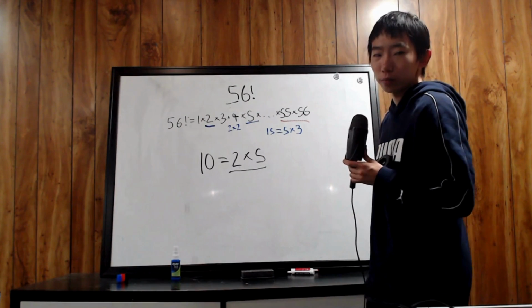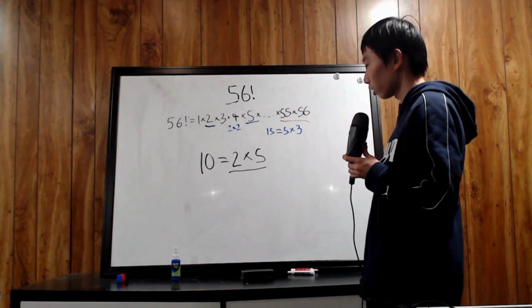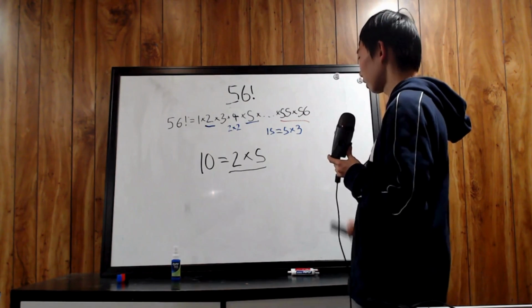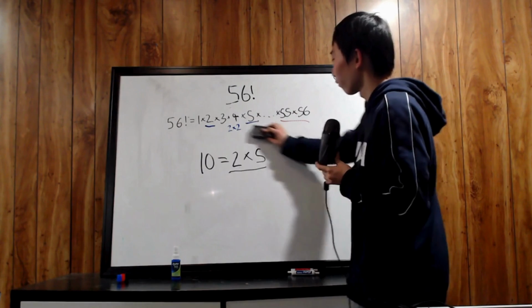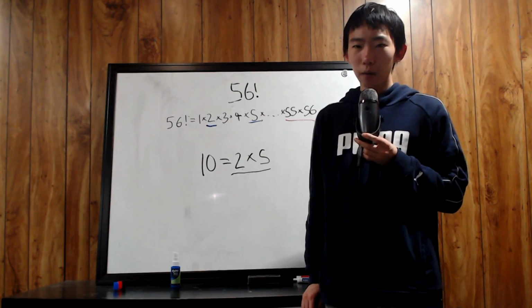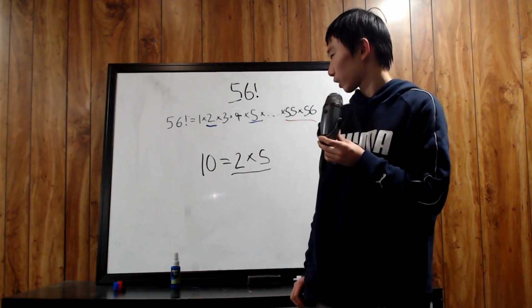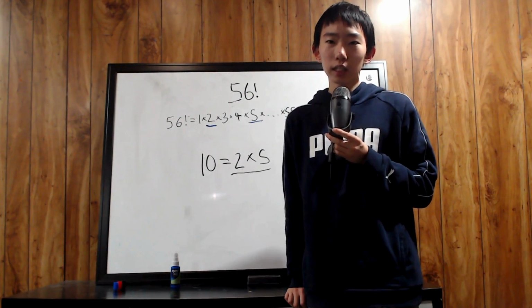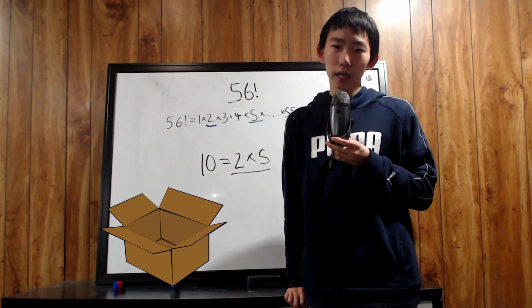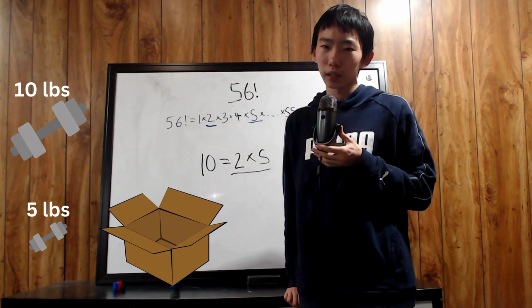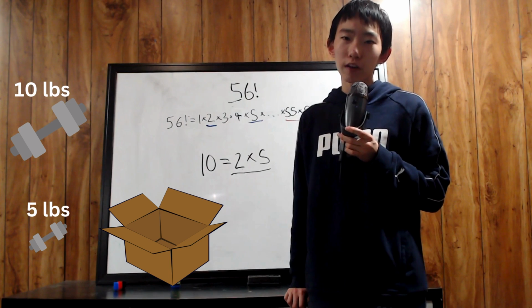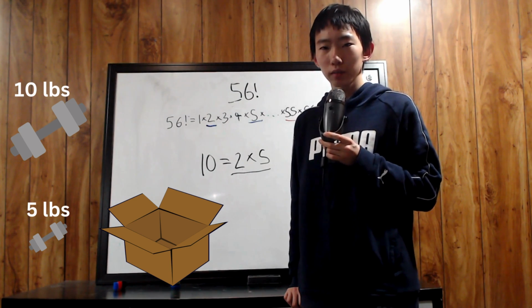So we know that counting pairs is still going to be a little bit hard. So how can we reduce the work even further? I'm going to give an example to help us. Let's say that you had an empty box and that you had exercising weights to put into that box. And let's say that the weights that you have are 5-pound weights and 10-pound weights.